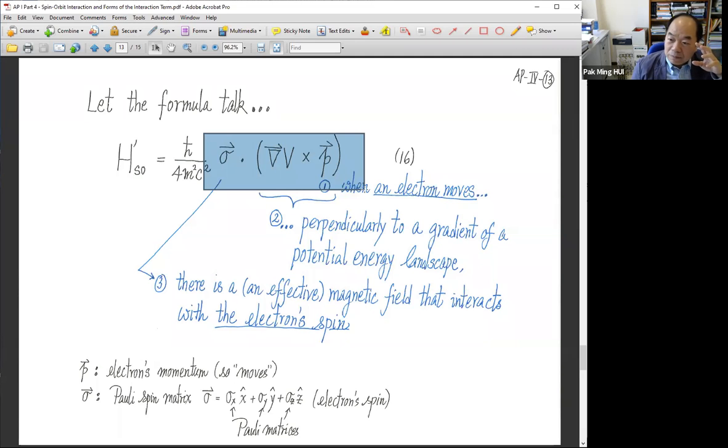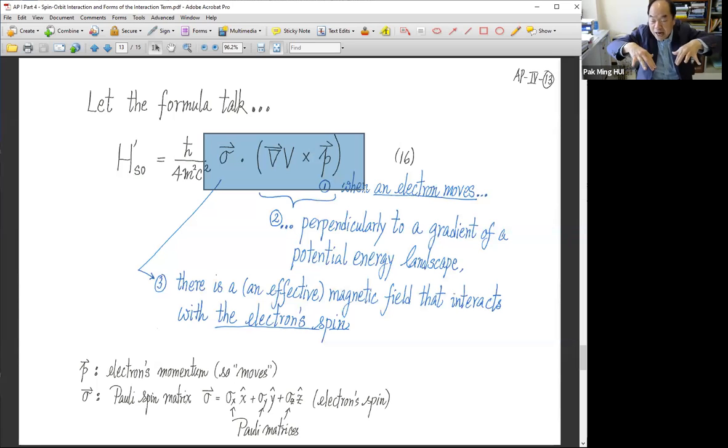I hope you appreciate the conclusion, because we start off with a particular scenario with a nucleus and the electron. Okay? But if you take the end result and stretch your mind a little bit, you can move away from that particular atomic scenario. As I mentioned several times, how about a solid? So in a solid, you have many nuclei, each one is contributing something like a Coulombic attraction.